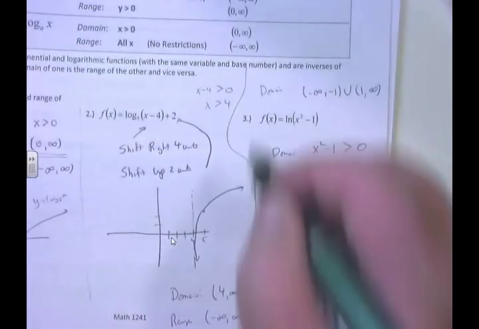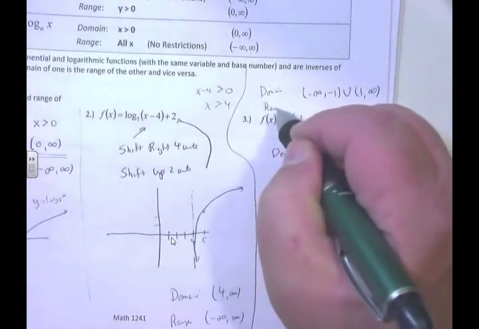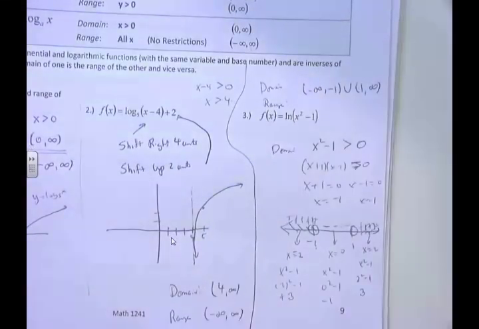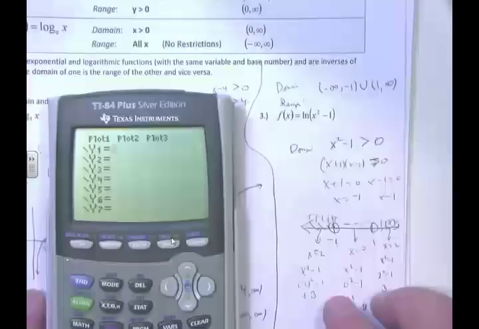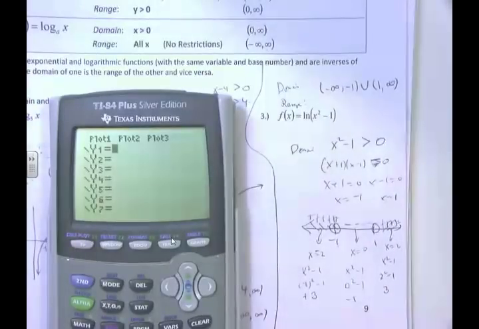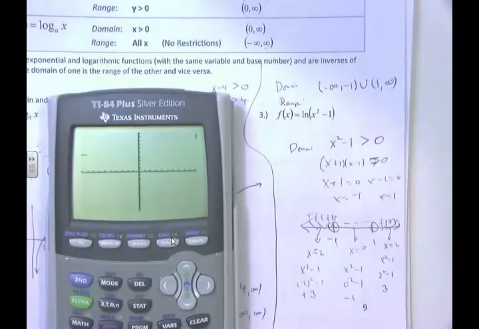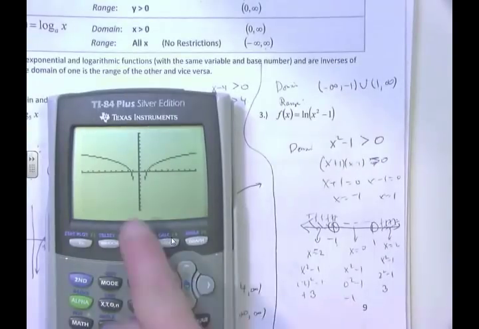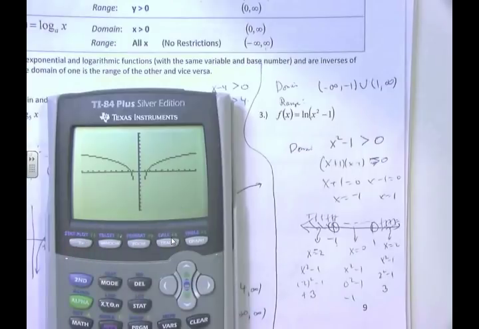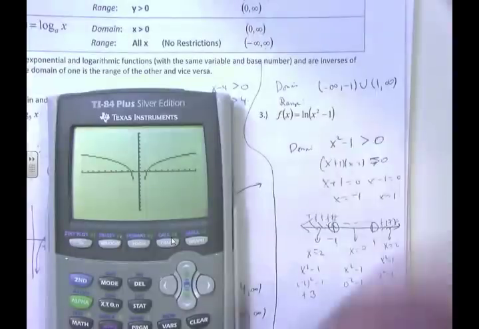What about the range? Well, if you don't believe my domain, you probably won't believe my range either, but here we go. If you're not sure, graph it on your calculator. Natural log of x squared minus 1. I got a question for you. It stopped right there. Does a log graph just stop? No. What does it do?